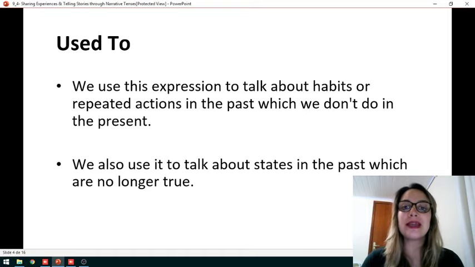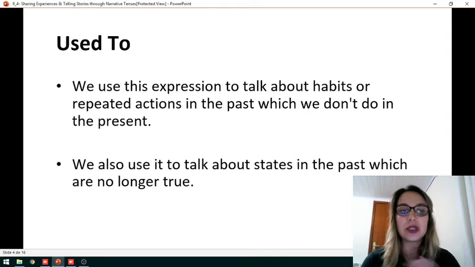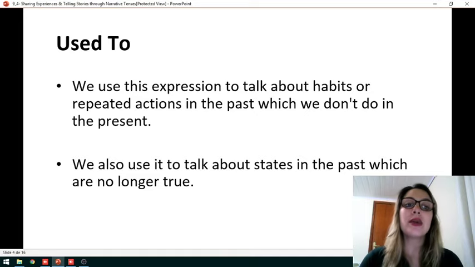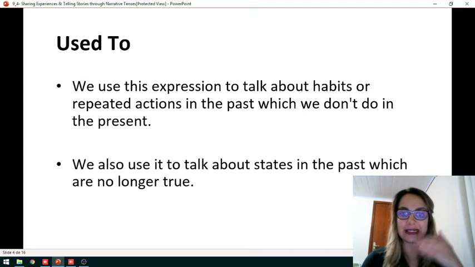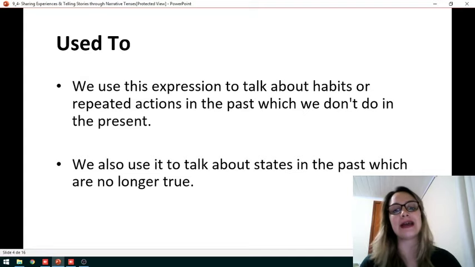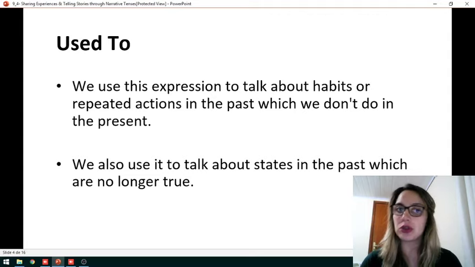So it's something that we did, either a habit or a repeated action, something that happened in the past, but we no longer do it right now in the present. We can also use used to talk about states in the past which are no longer true. So to talk about past events or things that happened in the past, but they're no longer true or no longer applicable to our present day life.